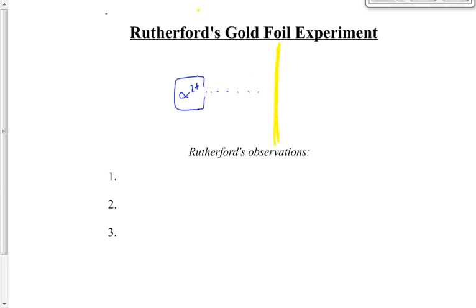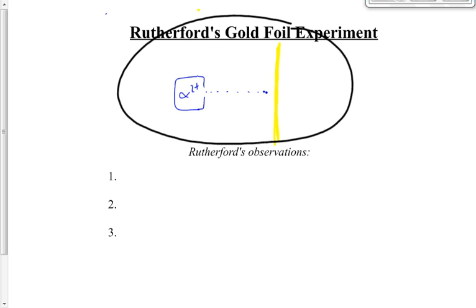Now, these alpha particles leave this little box here. They hit the gold foil. Surrounding this whole apparatus, we've got a screen that we call a scintillation screen. The scintillation screen will glow just like the screen of the cathode ray tube did.